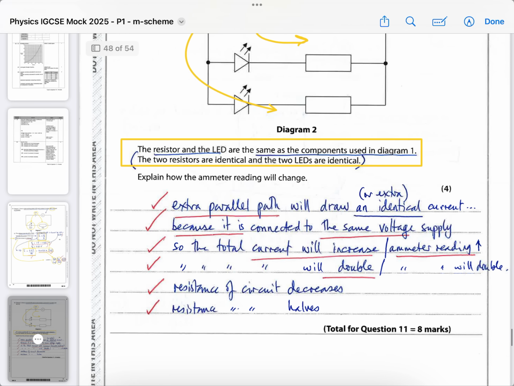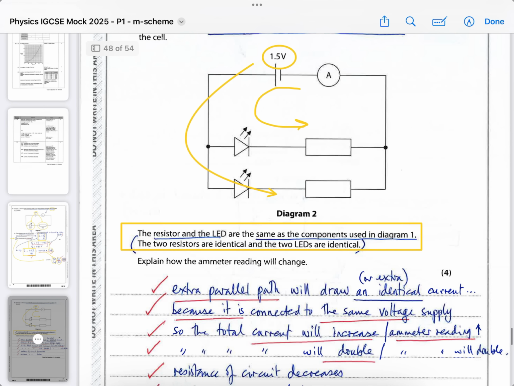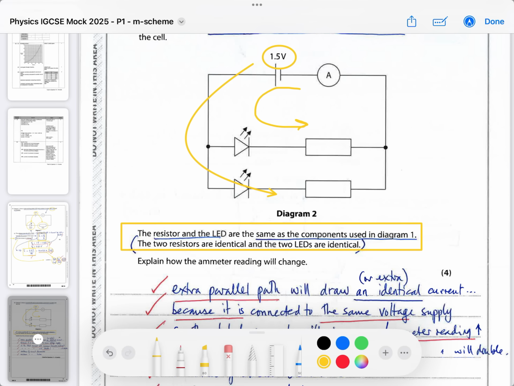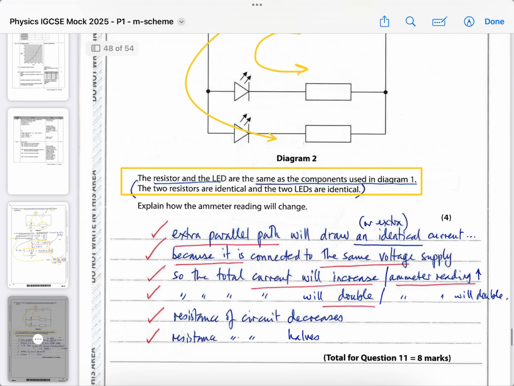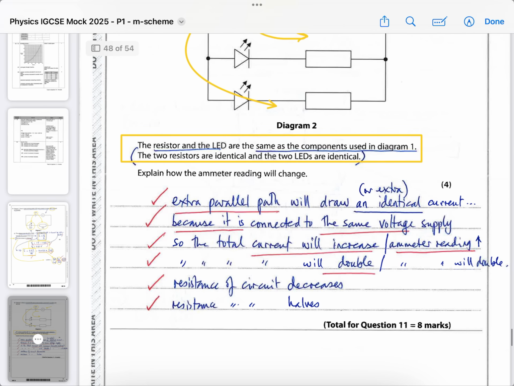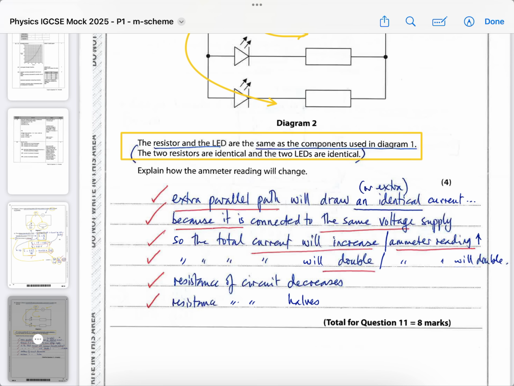All right, so explain how the ammeter reading at the top of the circuit will be affected by having a second, identical parallel path added. Well, the extra parallel path will draw an identical current to the first path, because it's connected to the same voltage.